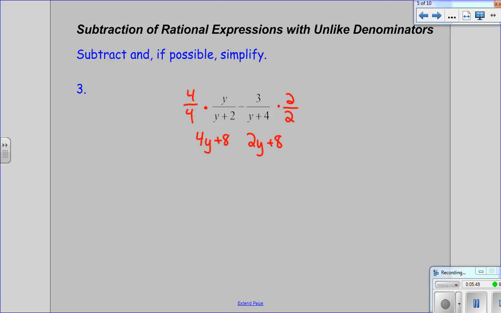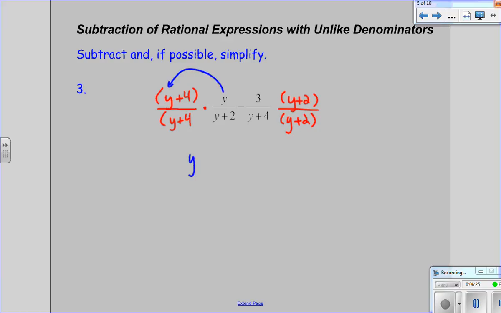So make sure that when you're doing these problems, you're multiplying by the entire factor. So in this case, I need to multiply my left fraction by y plus 4 over y plus 4, and my right rational expression by y plus 2 over y plus 2. You multiply the entire binomial. Now, let's go ahead and see what happens when I distribute the numerators.